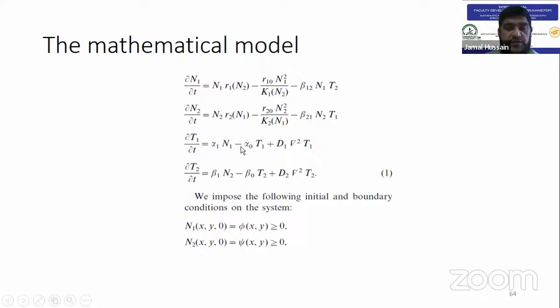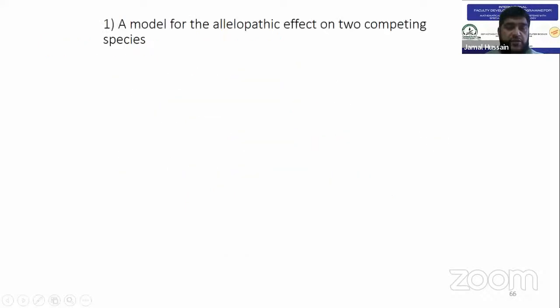And this is a negative term here because there may be depletion in T1 for various reasons, and this is the diffusion term that diffuses this toxicant in the surroundings by some process, as I say, maybe by wind or rain. And there is another similar equation here. So this was the model.